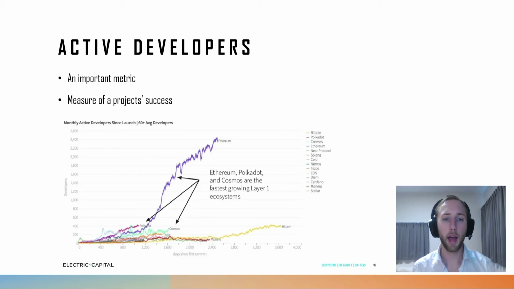Ethereum. If you're interested in this kind of thing, one of the things you must look at is the amount of active developers on a network. The amount of active developers determines the amount of cool new stuff that gets produced on the network. For example, here we have a chart by Electric Capital, and you can see they monitor the amount of developers on a network.